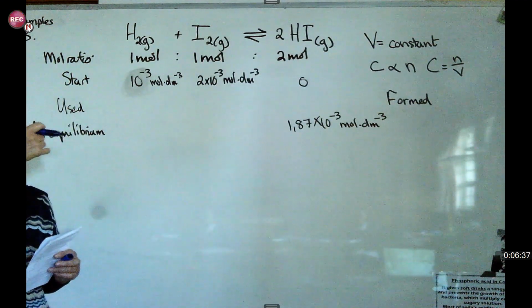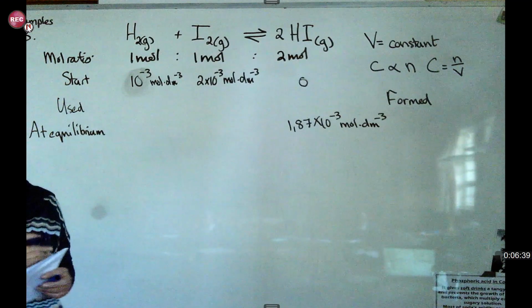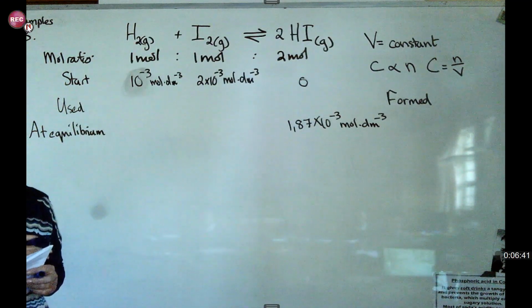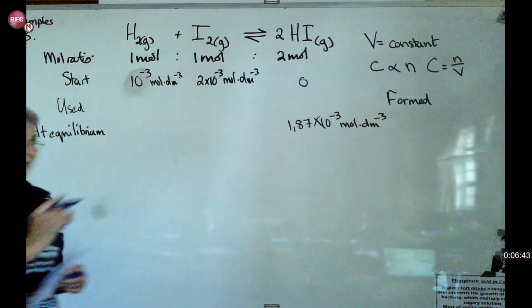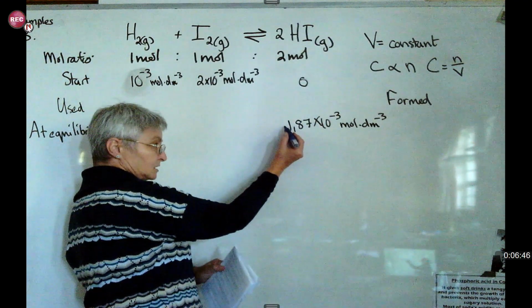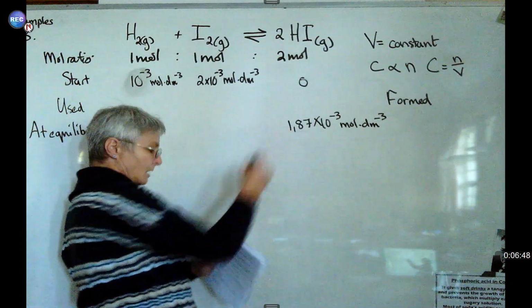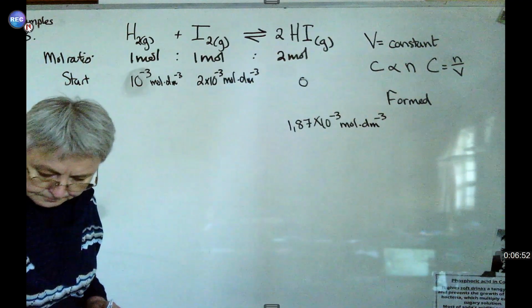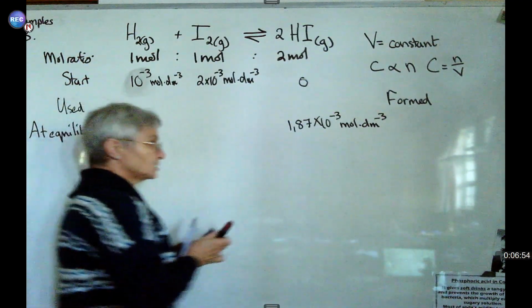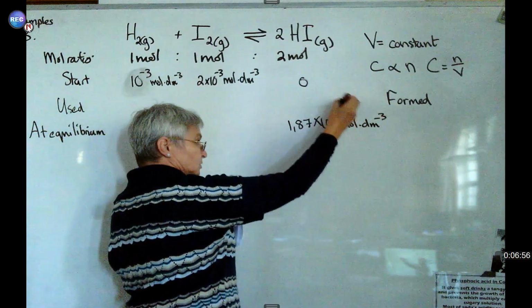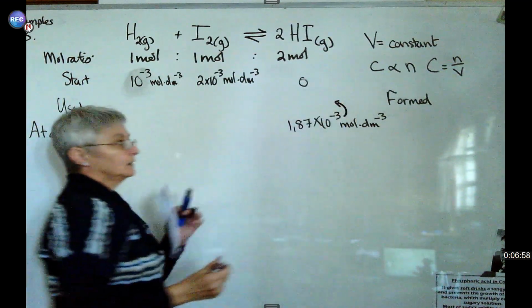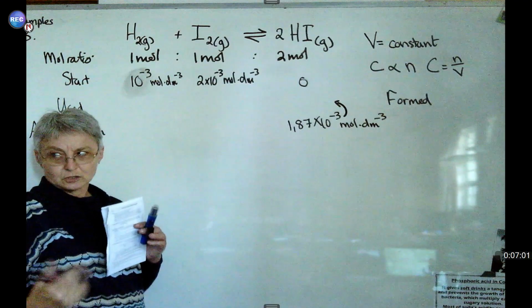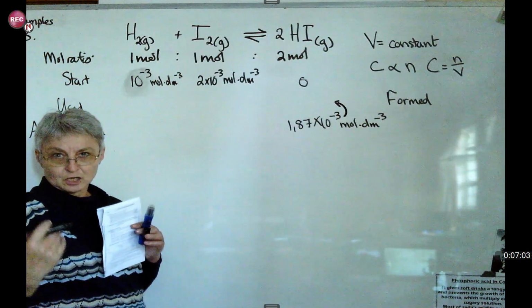But now that I understand concentration is directly proportional to the mole, if this is at equilibrium, how much was formed? So go one step back. What is the concentration of the HI that was formed?